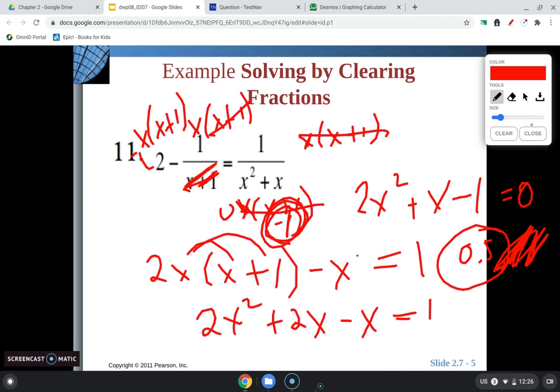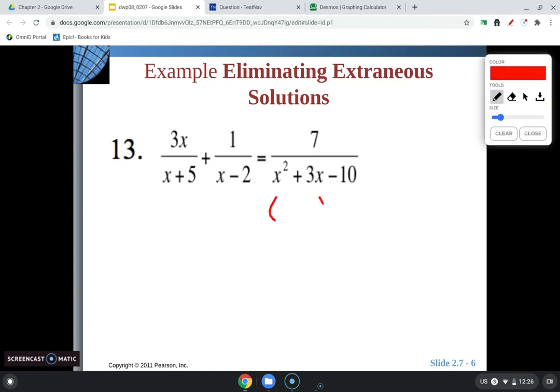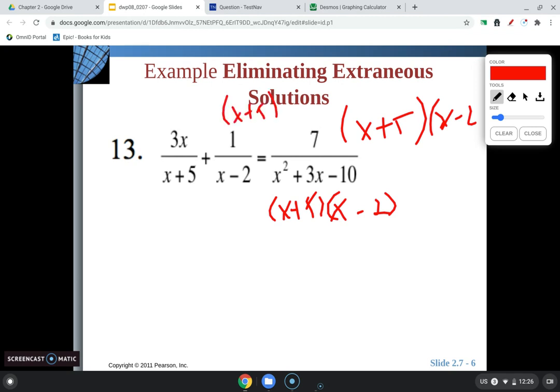All right, let's try one more. Let's factor this bottom here, which is x, what? Well, these are going to be the factors on the left. So that's going to be x plus 5 times x minus 2. So I'm going to multiply every single fraction by that.